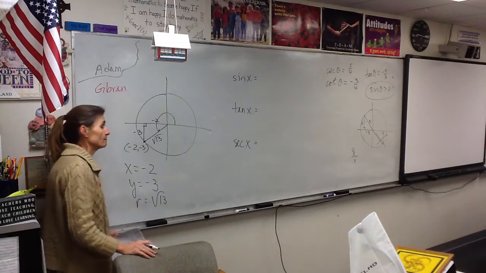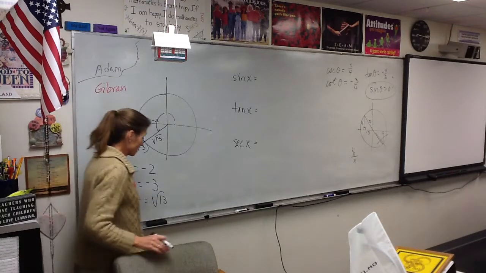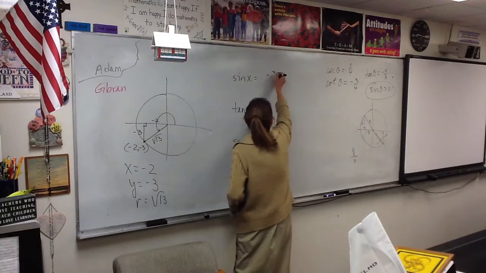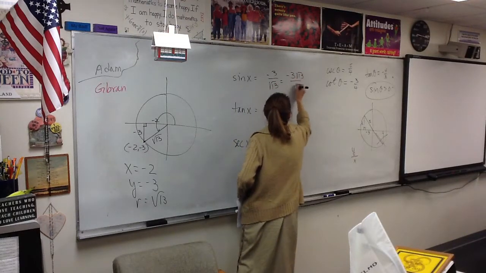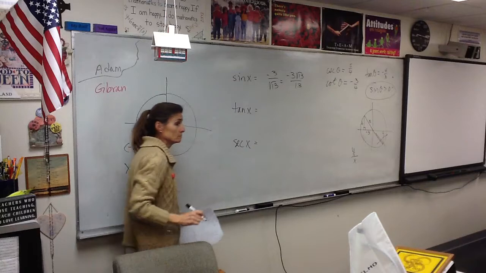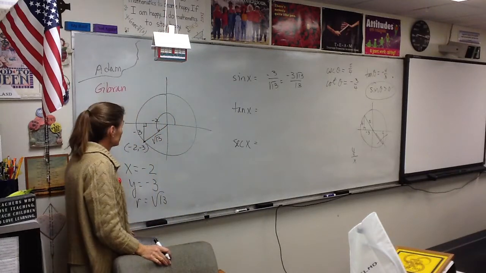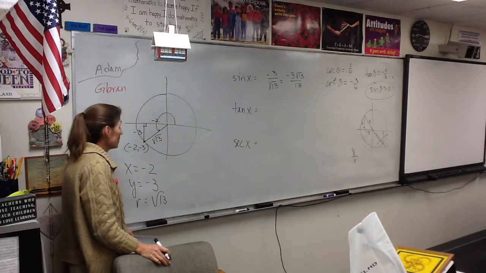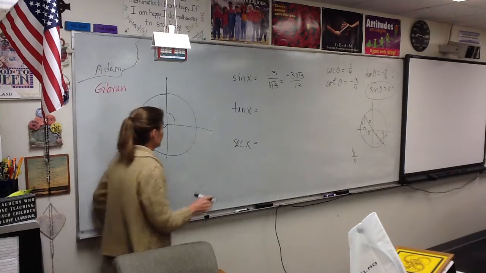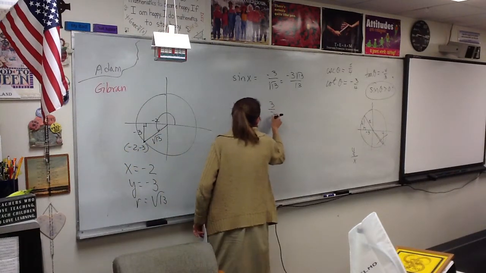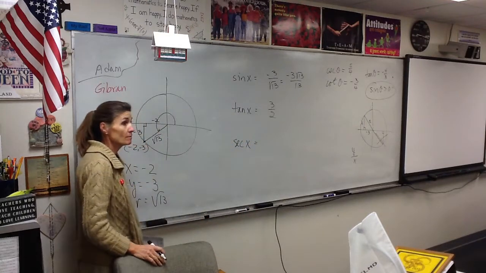What's the sine? -3 over root 13, which will rationalize. What's the tangent? 3/2, positive.